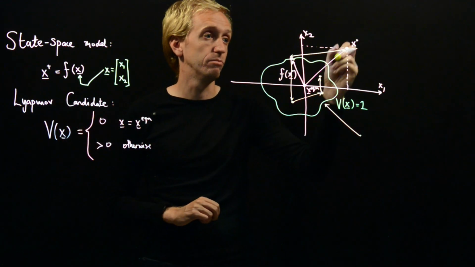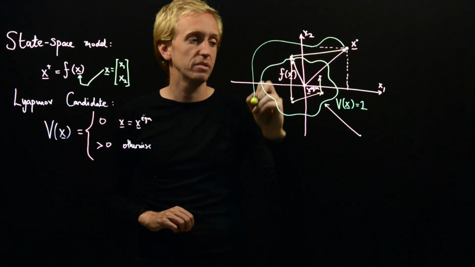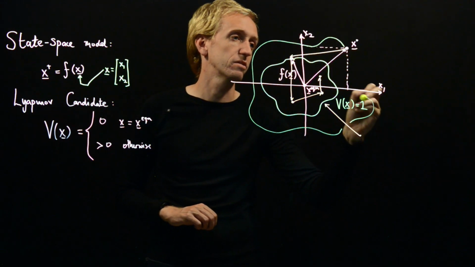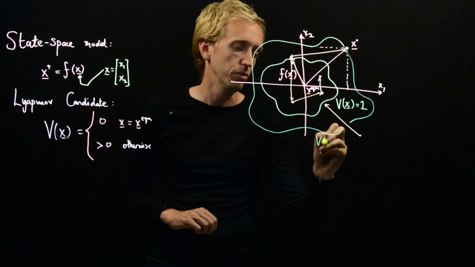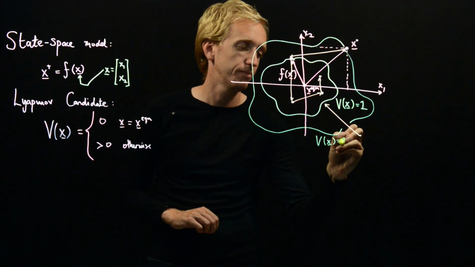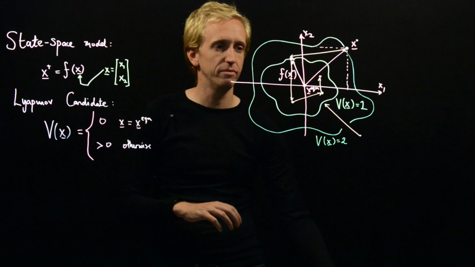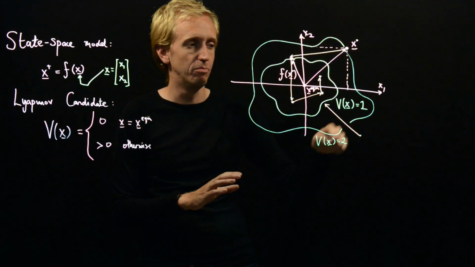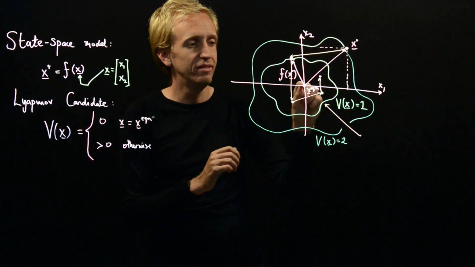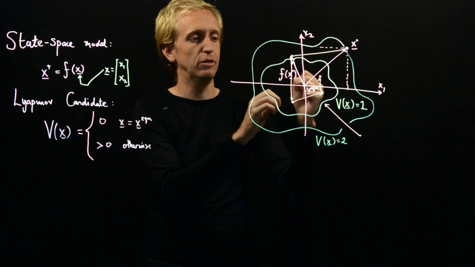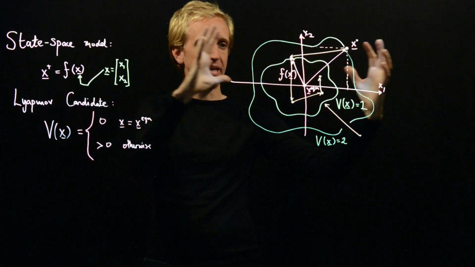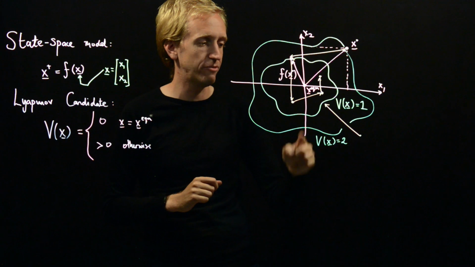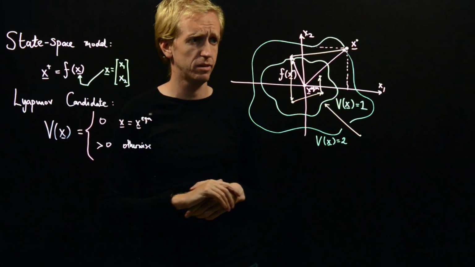How about the number 2? Let's suppose it looks like this. This is our contour of Lyapunov candidate equal to 2. And we could imagine doing this for any contour. The value is 0 here, so perhaps it's most helpful to imagine the contours getting bigger and bigger with ever larger values of the Lyapunov candidate.